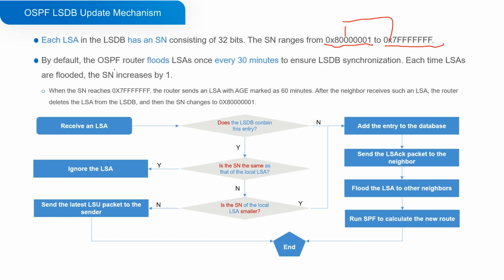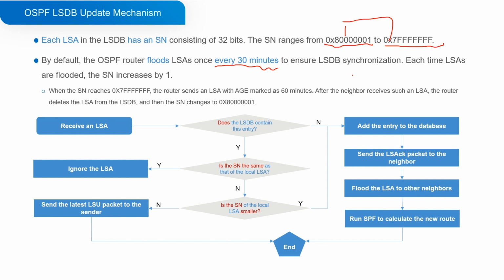For the OSPF router, we will flood the RSA information to every router, every 30 minutes. The flood's function is to ensure RSDB synchronization.